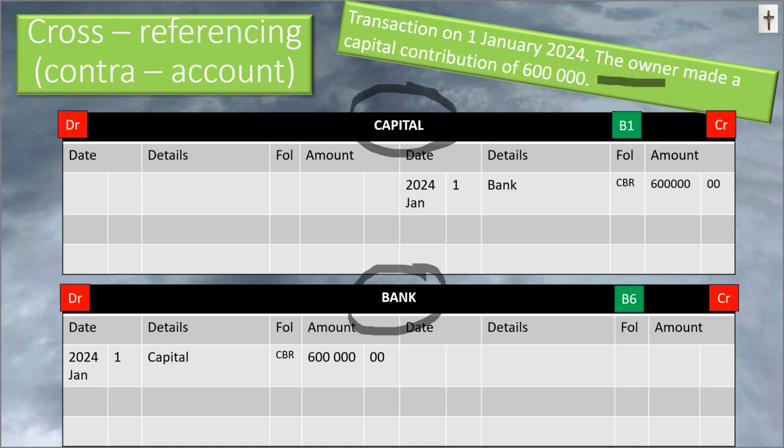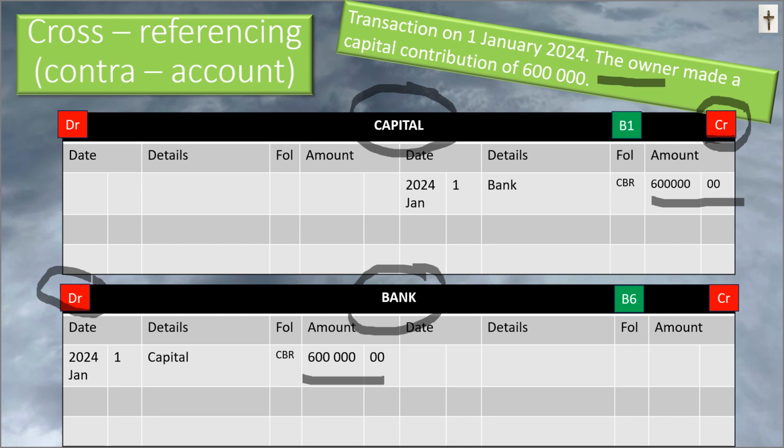The person in charge of the finances put the 600,000 into the business bank account, and the capital account, the owner's account for what the owner puts in, was credited, increasing capital, and bank was debited as the value of the asset, the bank balance, increased by 600,000.